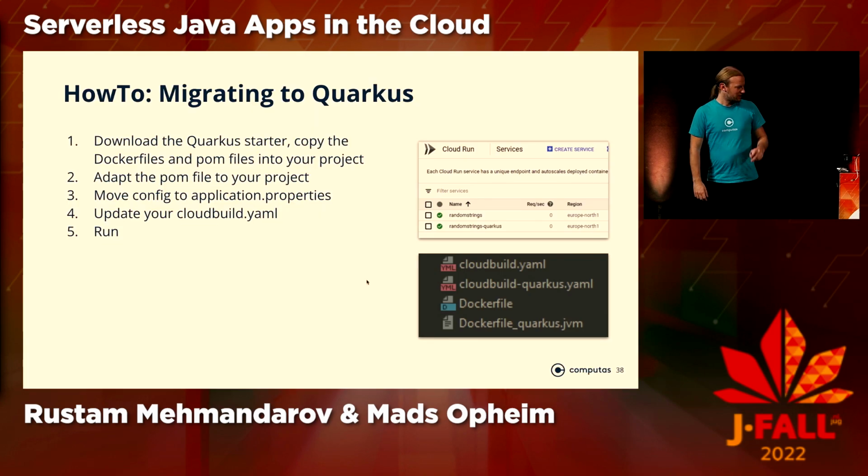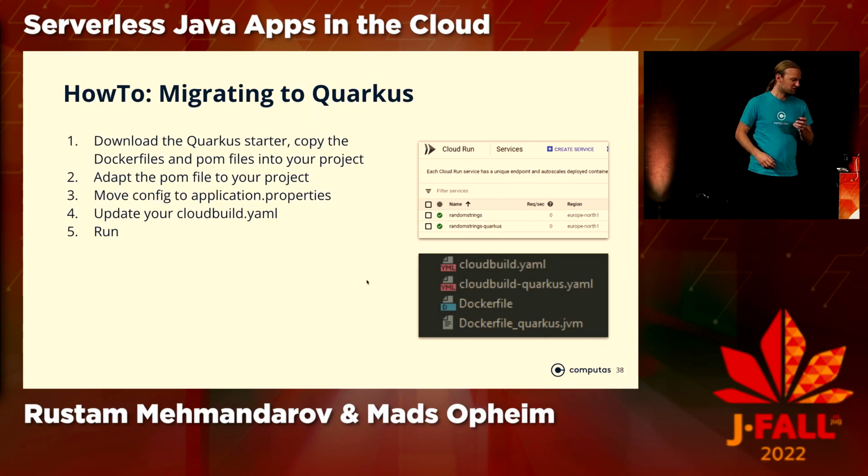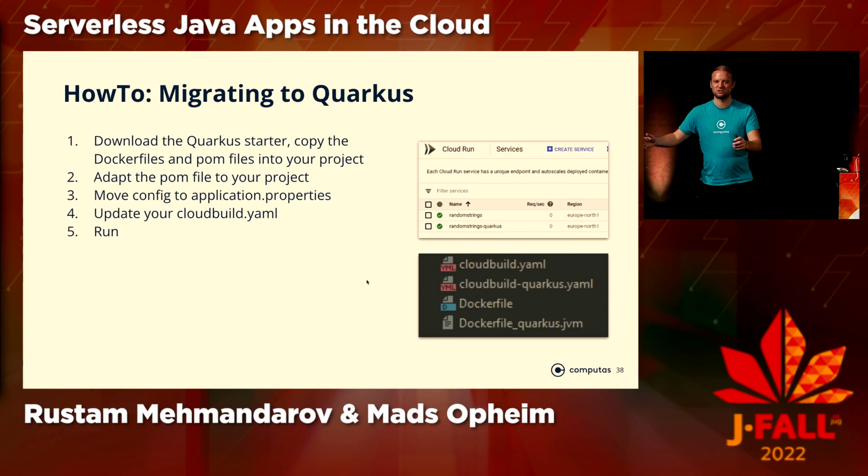So you can migrate to Quarkus. Okay, we should go pretty fast on this, but yes. When switching from another app server to Quarkus, you download the starter, look through the README, look through the POM files and so on, and copy the relevant things from the POM files, the Dockerfile, and the properties, and then you're done. You don't touch your Java code at all, or Kotlin code for that matter.